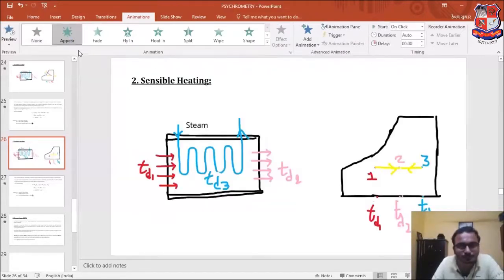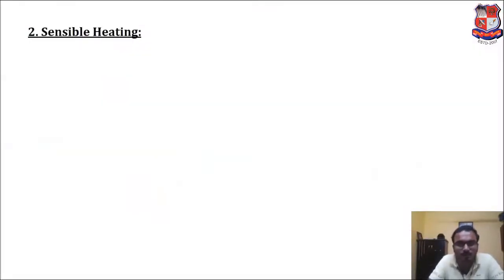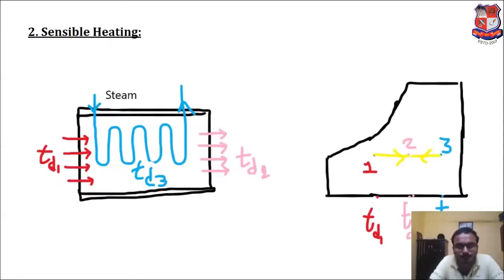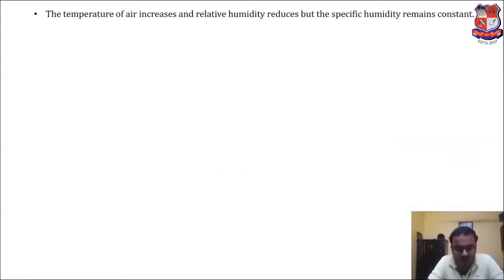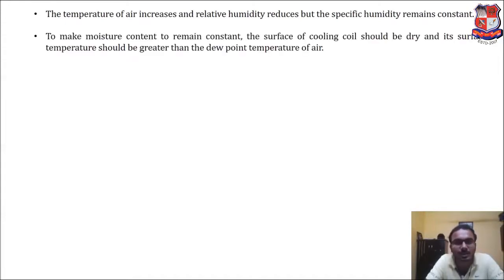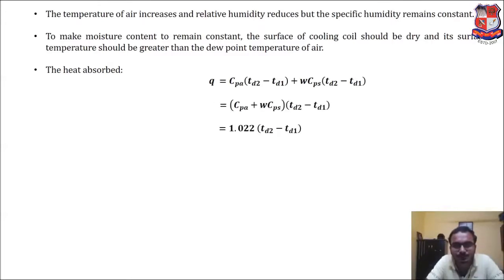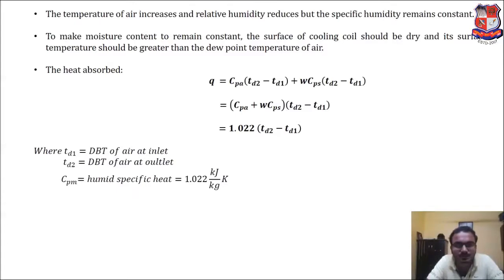And the formulas will remain as they are, very similar to sensible cooling. The temperature of air increases and relative humidity reduces, but the specific humidity remains constant, so the moisture content remains the same. The heat absorbed is equal to CPA (TD2 minus TD1) plus W CPS (TD2 minus TD1).